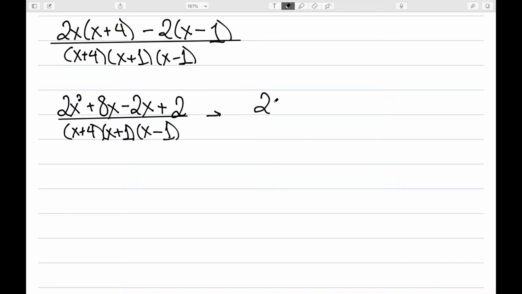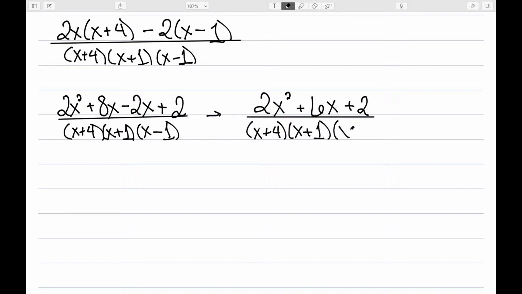Finally, I can combine things. 8x minus 2x is 6x. So I have 2x squared plus 6x plus 2, all over x plus 4, x plus 1, x minus 1.